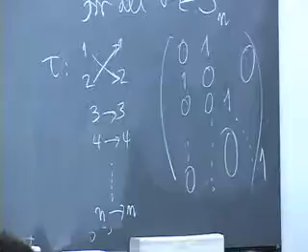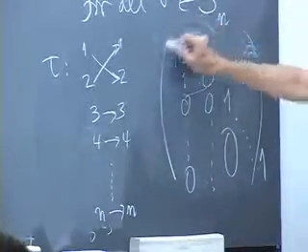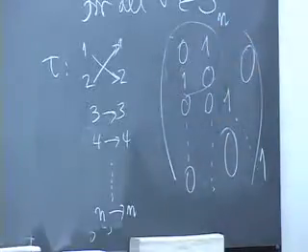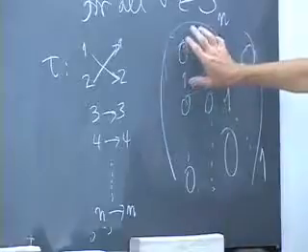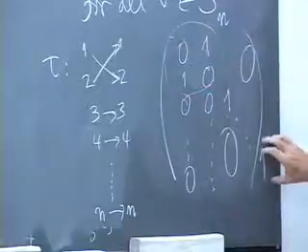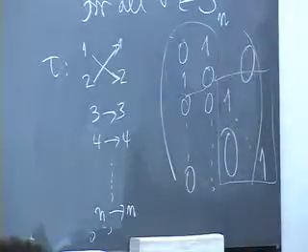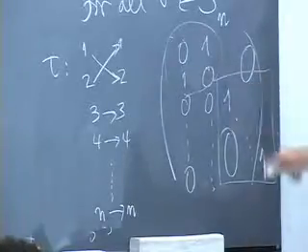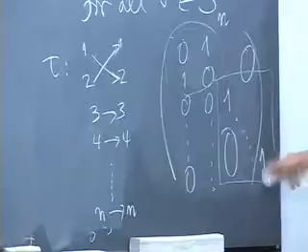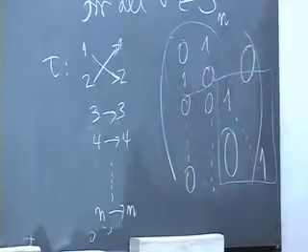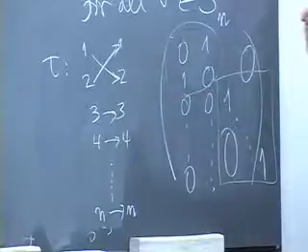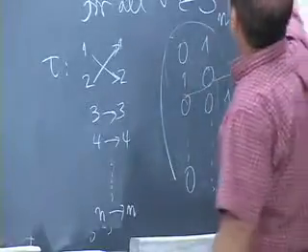So the only off-diagonal entries are these first two. When you have a matrix that's in blocks, you can take the determinant of this block and multiply it by the determinant of this block. The determinant of this block is clearly the identity. And the determinant of this 2 by 2 matrix is minus 1. So, both occur.